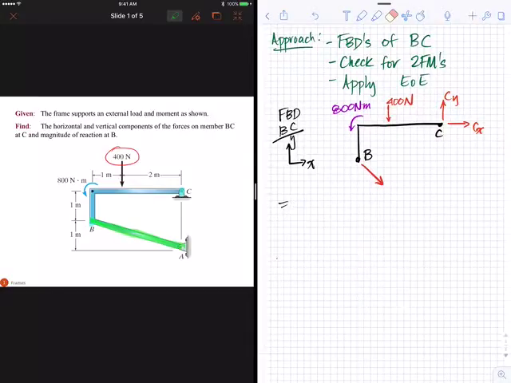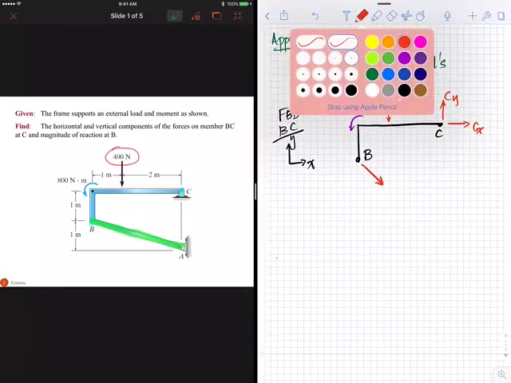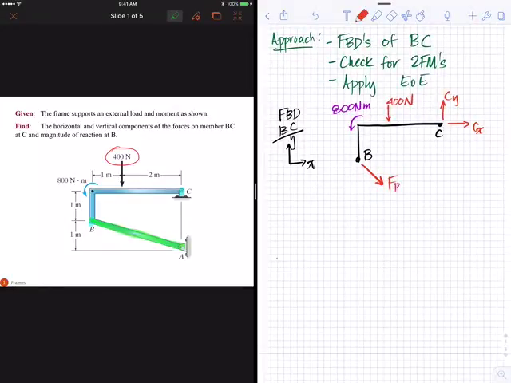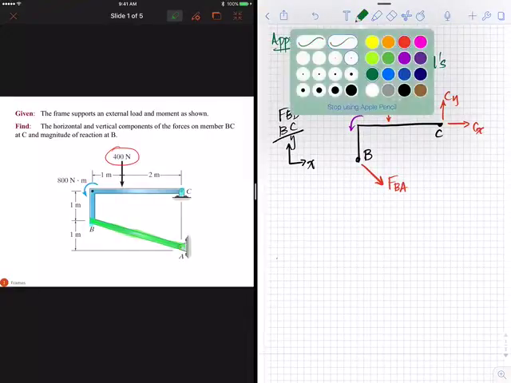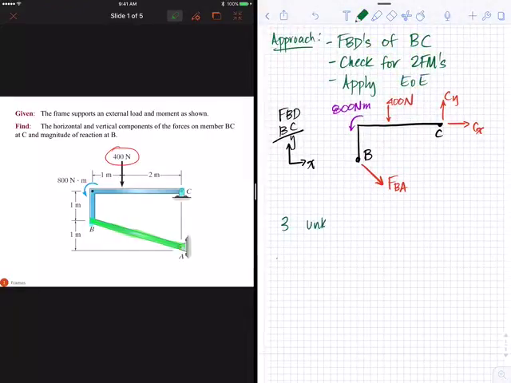So whether or not you get these arrows pointing in the right or wrong direction, you'll still be able to get the right answer because we're just asked for the magnitude of the reaction at B. So here, this is going to be our unknown force, FBA. Okay, so we have three unknowns: CY, CX, and FBA. Three unknowns.